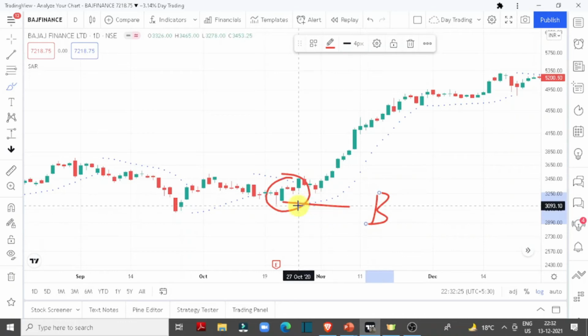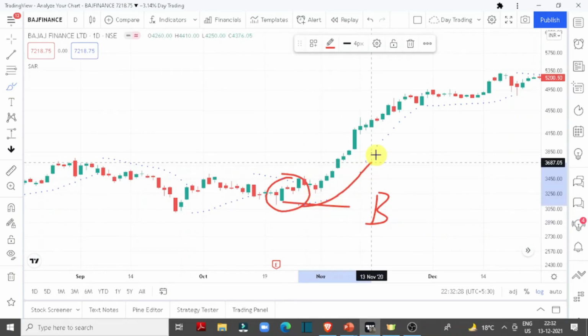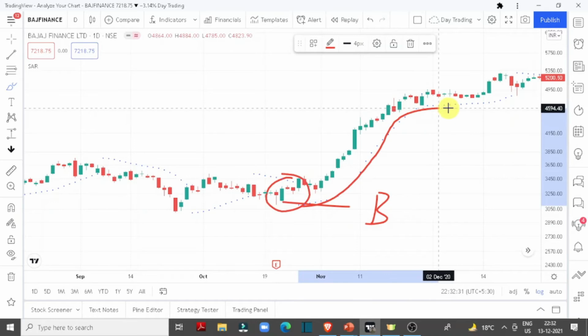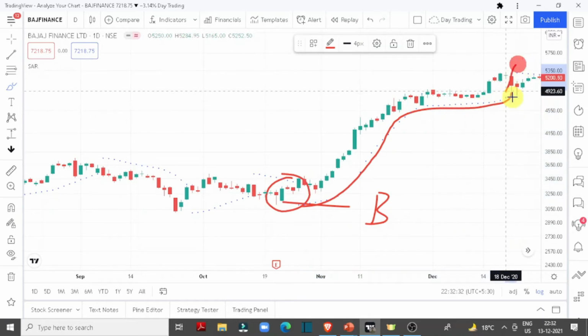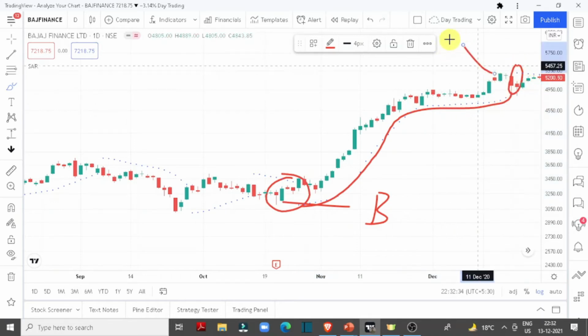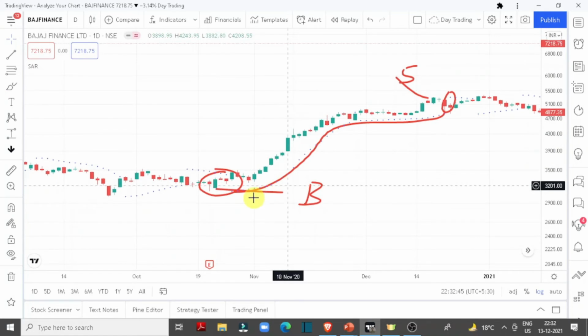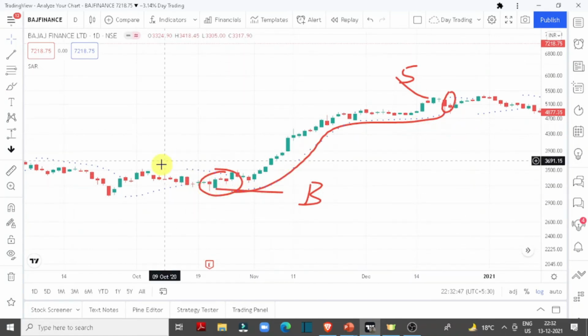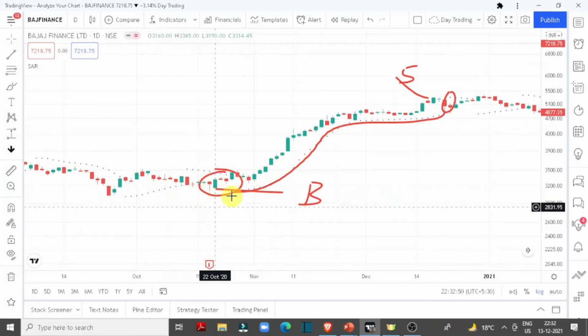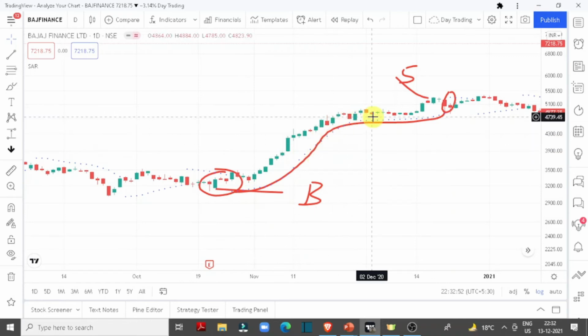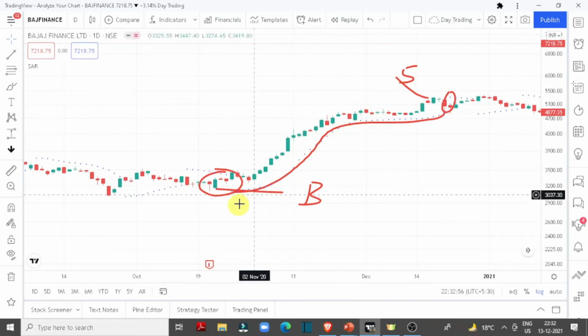As per Parabolic SAR, you would have ridden this trend, and your exit would have been somewhere over there, when the Parabolic SAR line flipped and went above the price. I hope this is clear. So this method can be used as a trailing stop loss, and some people do that as well.